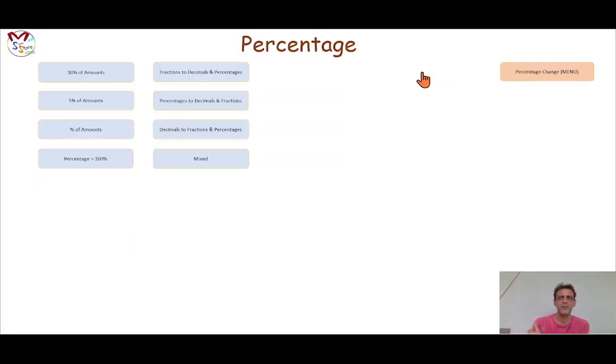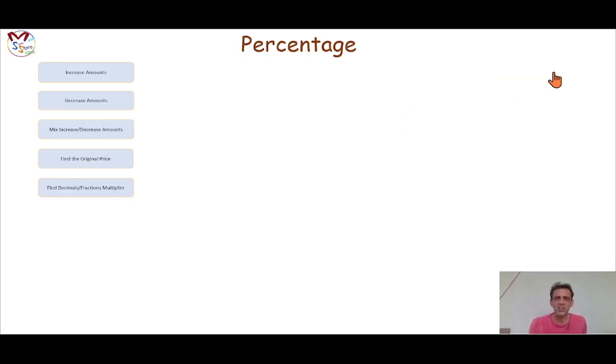We've got percentage menu, and we've got 10%, 5%, or any percent of amounts. Percentages over 100%, fractions, decimals, and percentages, and then percentages and decimals first, and change it to fractions and decimals and percentages. Okay, or you can mix all these 3, which is probably the better option.